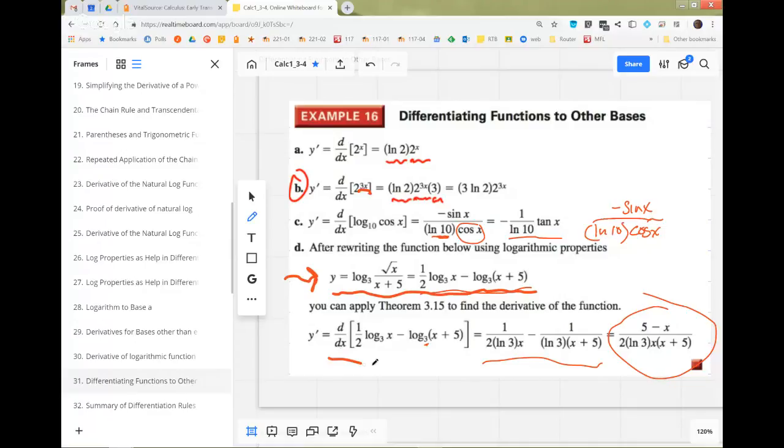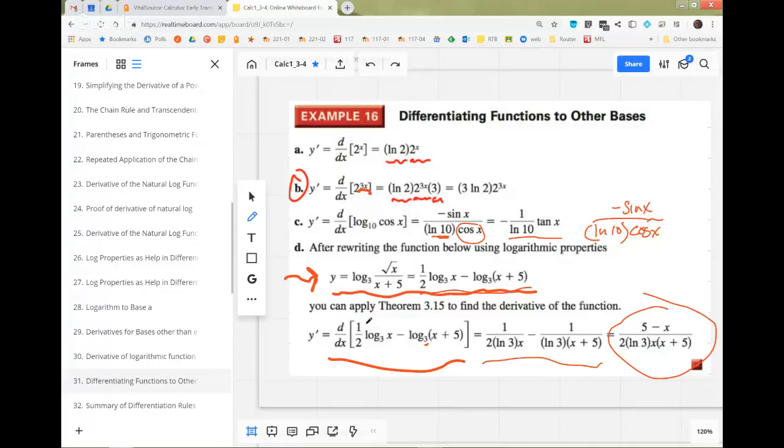So what's the derivative of that whole thing? Well, part 1. What's the derivative of 1/2 times the log base 3 of x? Well, when you take the derivative, first of all, the 1/2 stays out in front, the constant you don't do anything with. What's the derivative of a log? 1 over that thing, 1 over x.